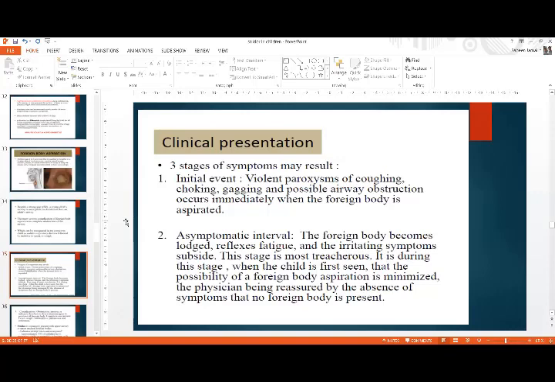Then there is an asymptomatic interval in which the foreign body gets lodged, reflexes fatigue, and the irritating symptoms subside. This is the most treacherous stage. During this stage the child is asymptomatic, and the possibility of foreign body aspiration is minimized. The physician may not consider it because the child is not as irritated as in the first stage of aspiration.